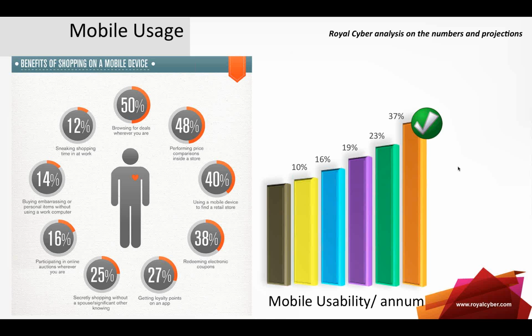These are staggering numbers. These are very compelling numbers. As an enterprise, you need to understand the need for a mobile strategy, and look into these numbers to quickly understand the pros and cons of going or not going into a mobile strategy.